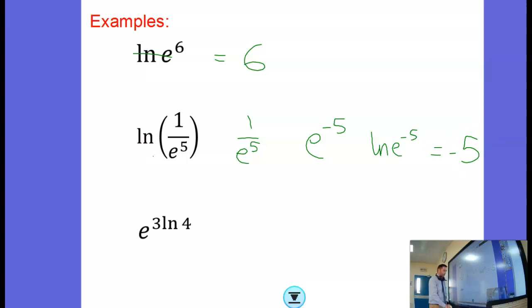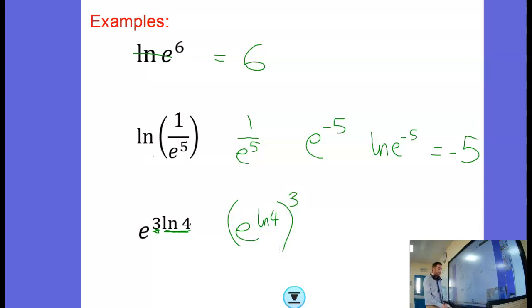Then the last one, we are going to need a little bit more knowledge of indices. So I know that if I've got 3 times ln 4, well, when I'm using a power to a power, I multiply the powers. So here I've got multiplication of powers, so I could rewrite this as e to the power of ln 4, all to the power of 3.